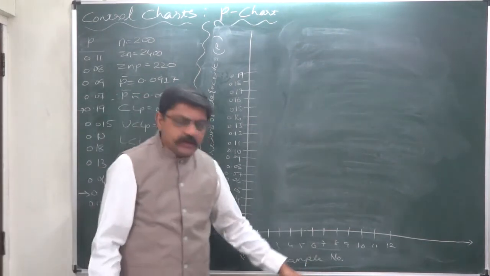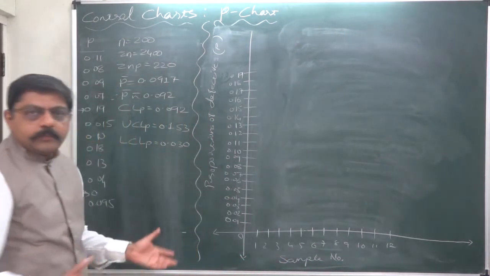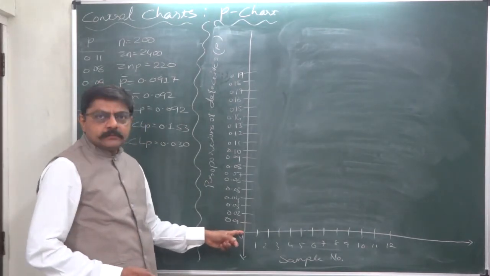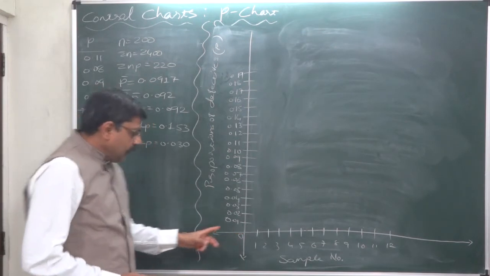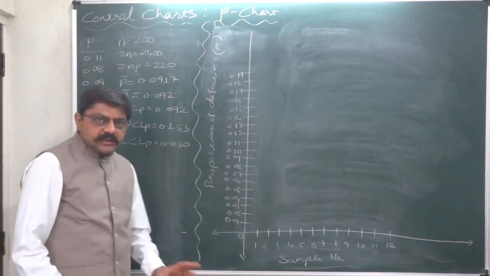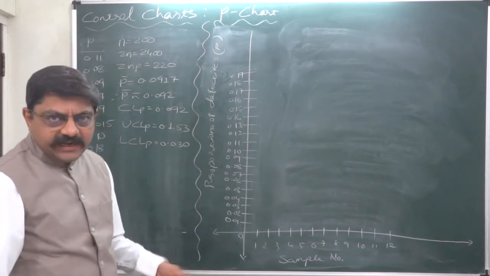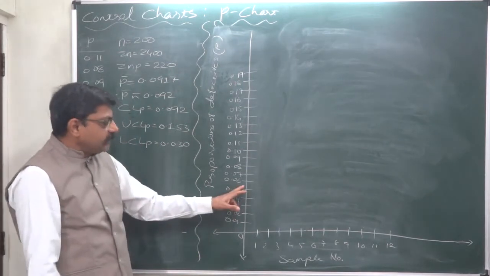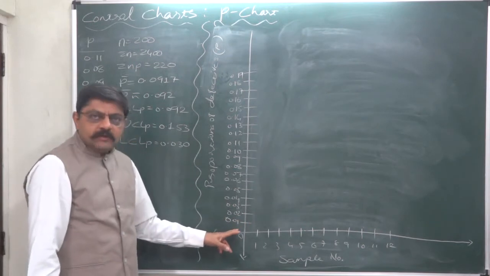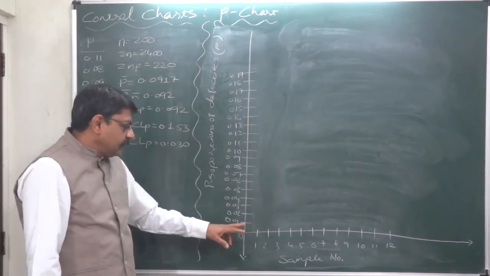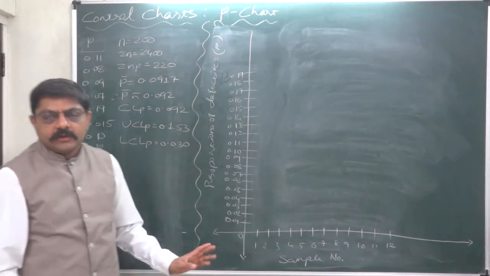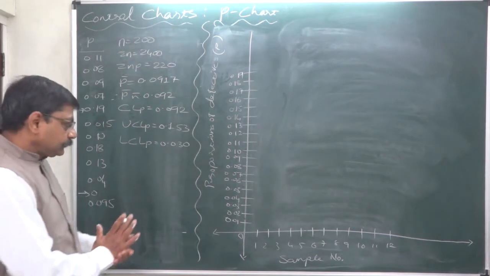Because in case of sample number, we don't need more space, and here you can use the technique of pulling. If we have lowest value 0, we need to write all the numbers. But if the lowest value is something greater than 0, say for example 0.06, then you can pull the y-axis and start writing directly from 0.05 or 0.06. Yes, it is always allowed, particularly in this type of cases.